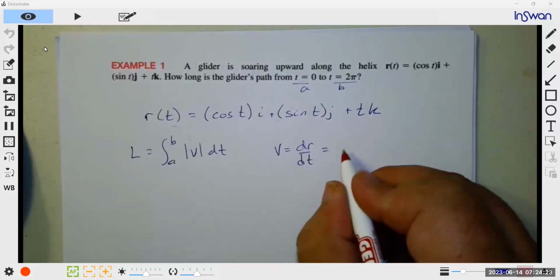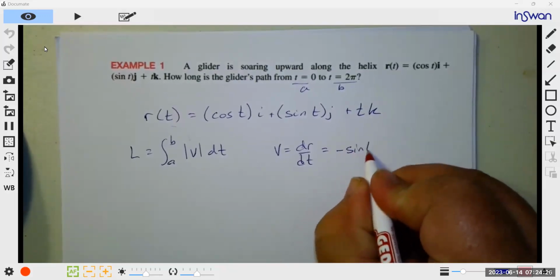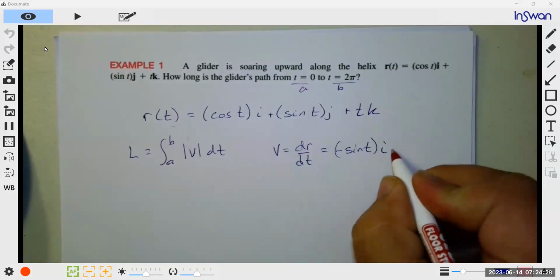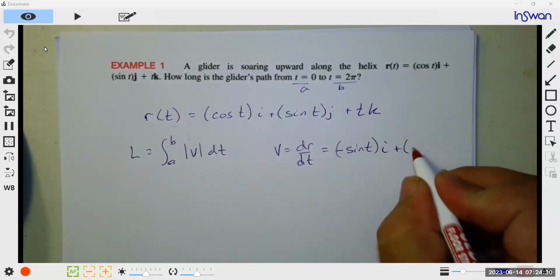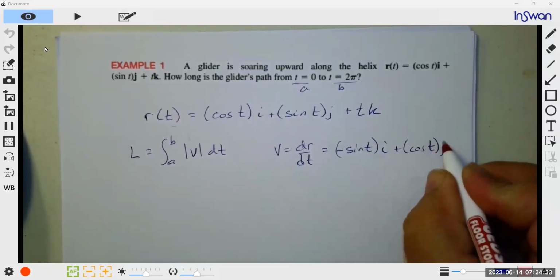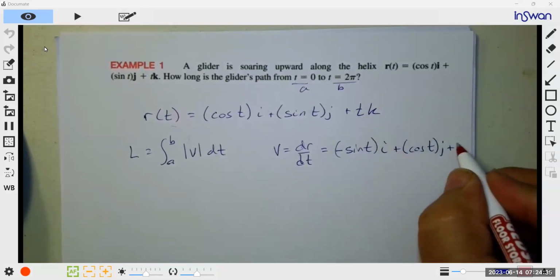Derivative of cosine is negative sine. Derivative of sine is cosine. And derivative of t is 1.